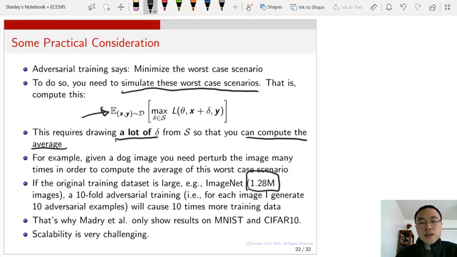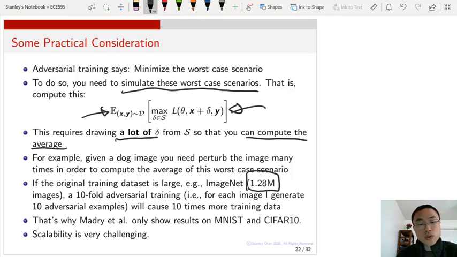However, this 10-fold adversarial training is still not guaranteed to be enough, because you can think that a dog image has at least 200 pixels by 200 pixels, and so there are so many variables. And what would be the minimum number of adversarial examples that would be required for you to reliably train this model?